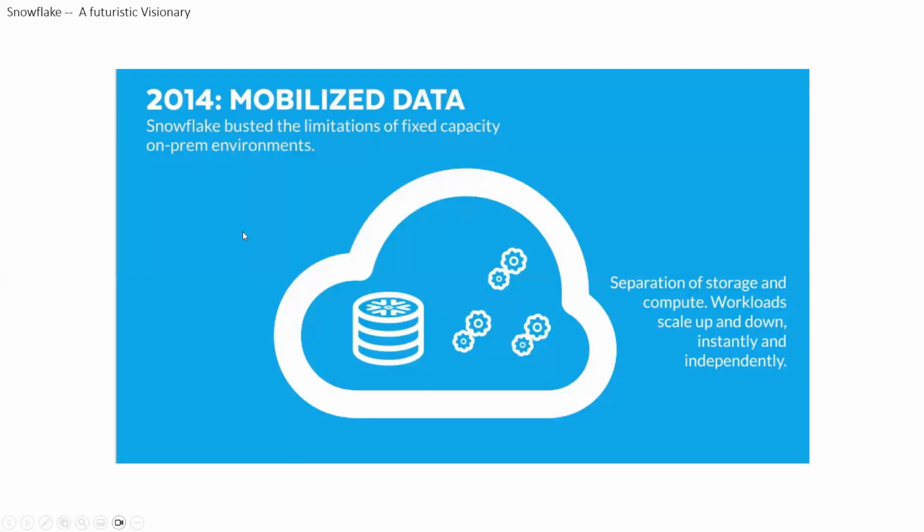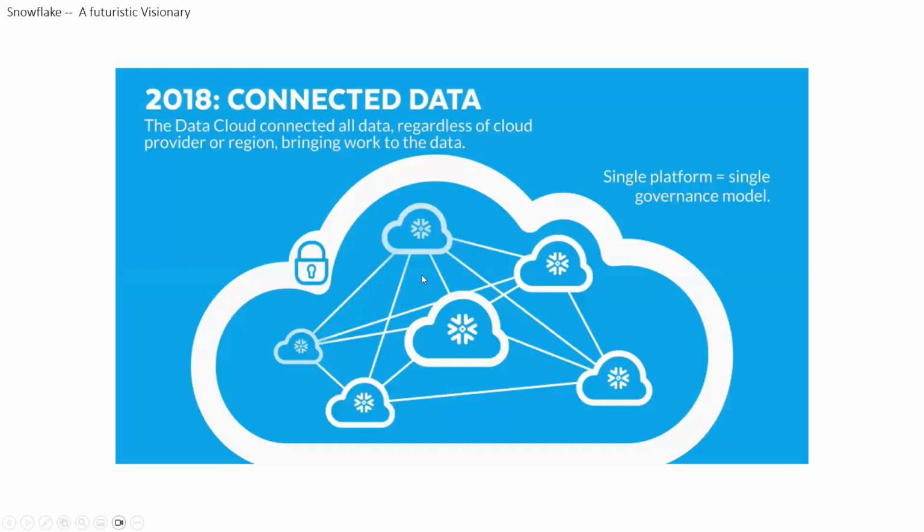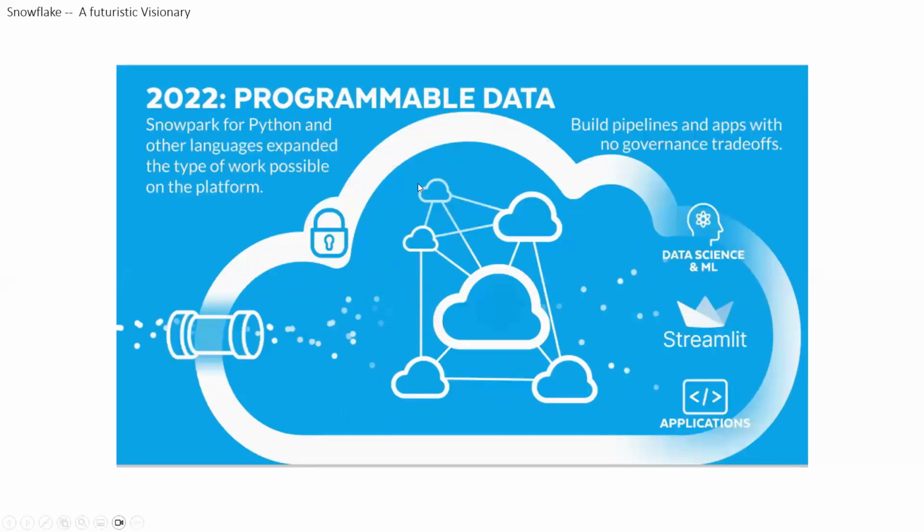In 2014, as I have told you, it created this in the cloud. Then the data cloud connected all the data regardless of the regions where you are. So it became global in 2018. Then in the next phase, it is trying to use all your third-party marketplace applications in order to make this comfortable in this particular place.